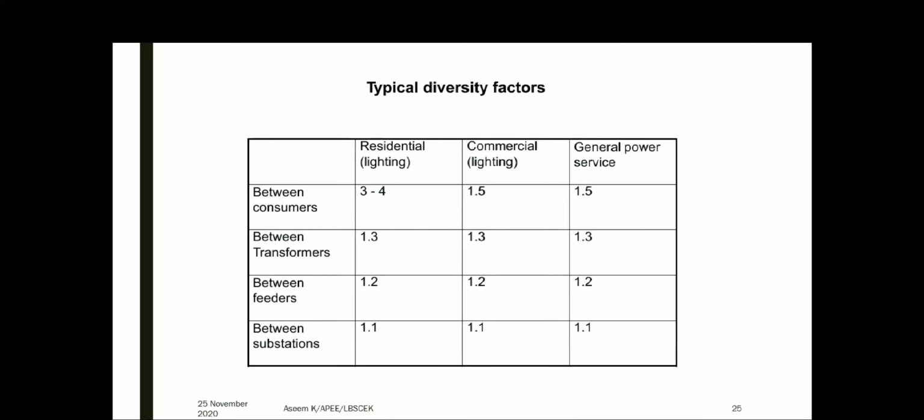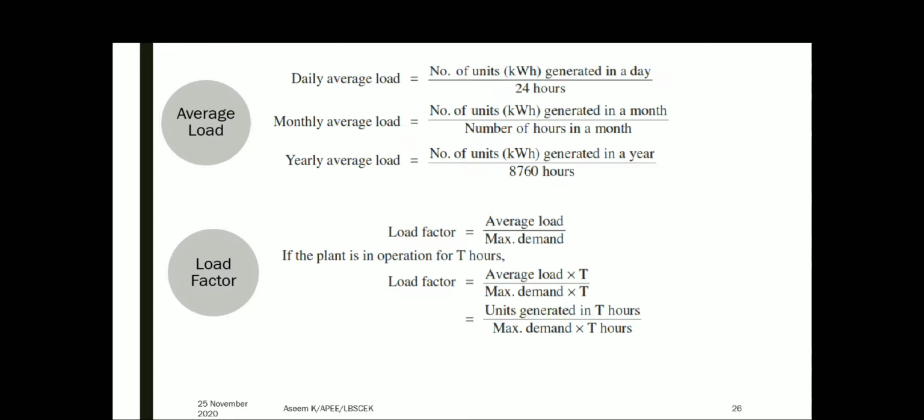And typical values of diversity factor for residential, commercial, and general power services are shown here. And you can go through some of the equations. You can write them in different manners.